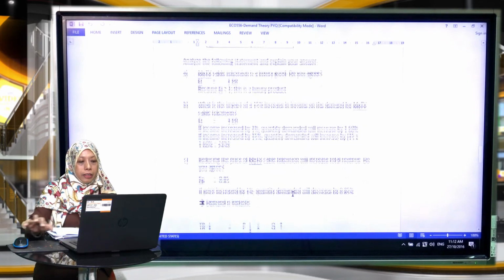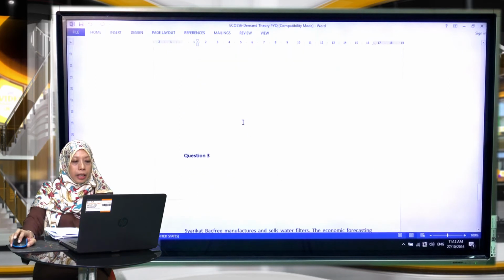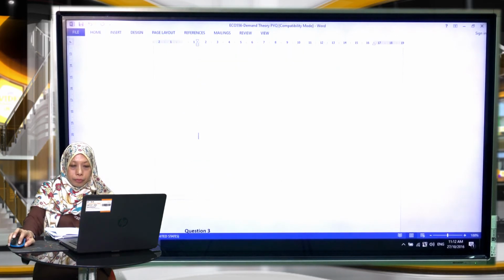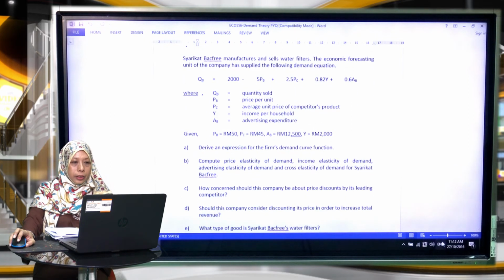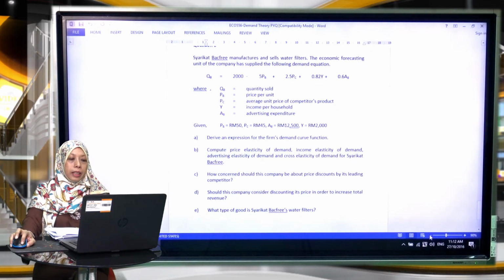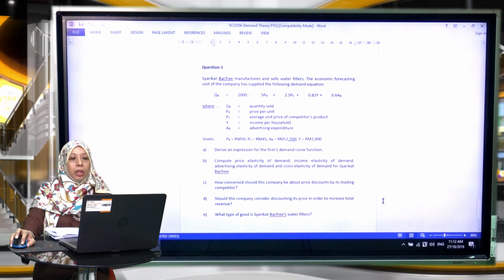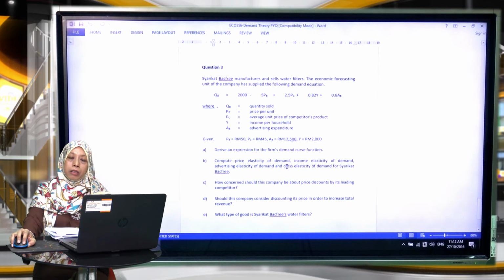If you have the time, I would like you to look at this question. This is another question which requires you to calculate the different types of elasticity of demand using the point elasticity formula, and based on the coefficients that you have calculated, you need to think about the pricing strategy of your company.